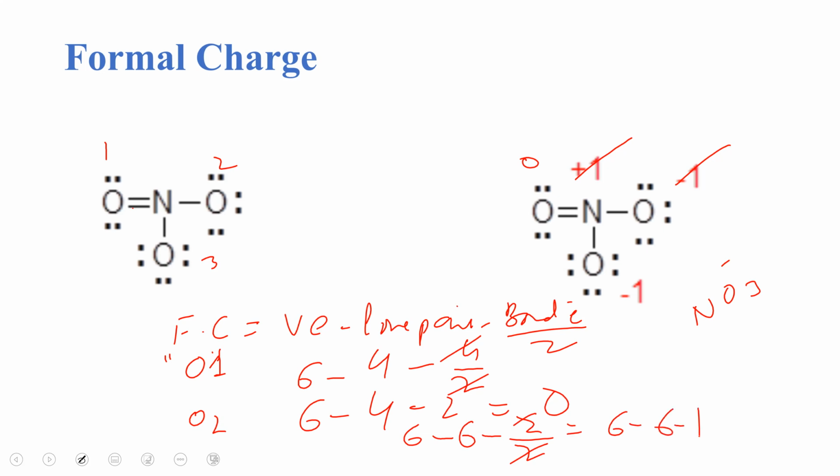So overall we have a negative 1 charge, right? That is what I have written here, and I have proved it from the formal charge calculation. So this oxygen is carrying the negative charge, and we will do the same with oxygen 3, which gives the same answer, because both the second and third oxygen are in the same kind of bonding. So that was the formal charge calculation.